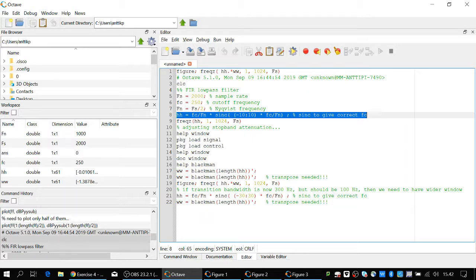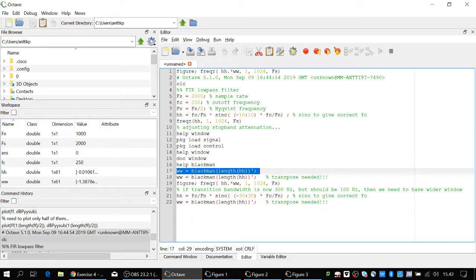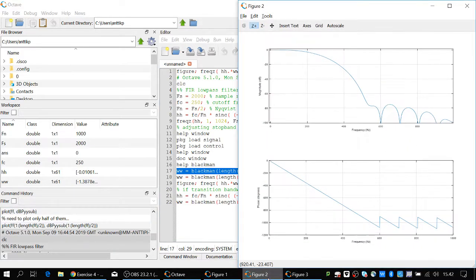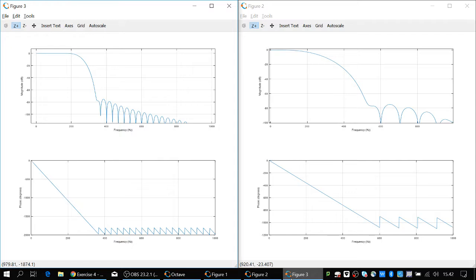Then we added a window there, for example, a Blackman window, and based on this frequency response, we decided its transition bandwidth must be changed. So taking 3 times more points on that window width, you get 1/3 of the transition bandwidth.